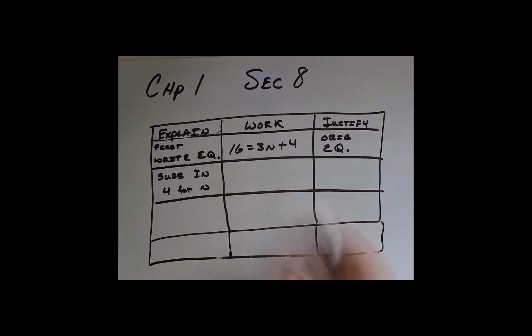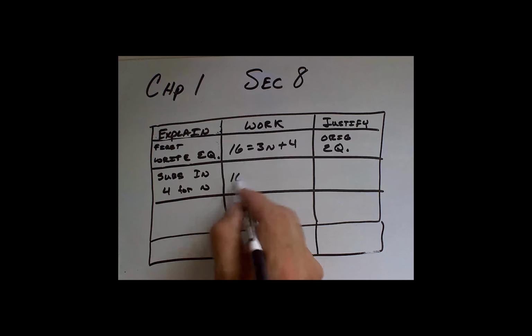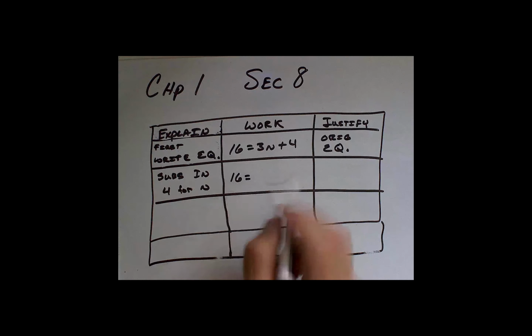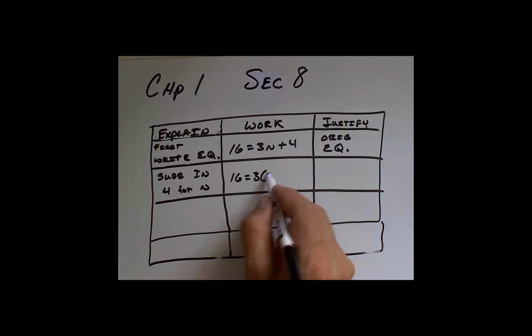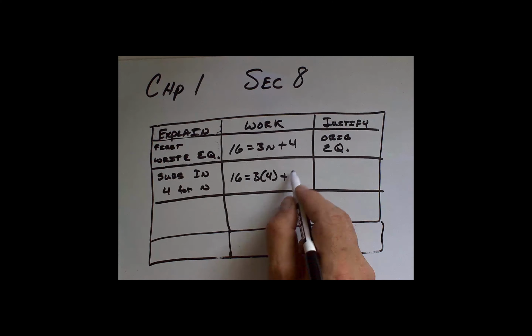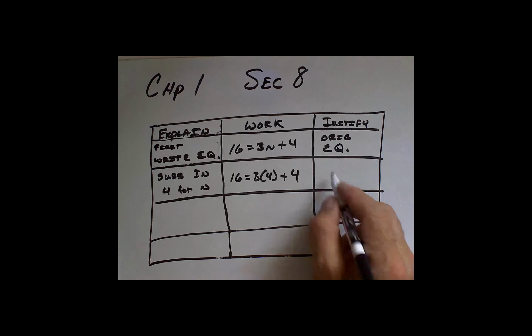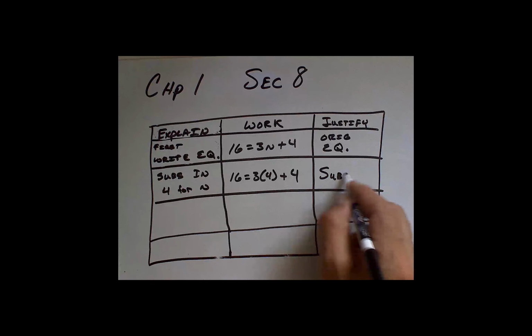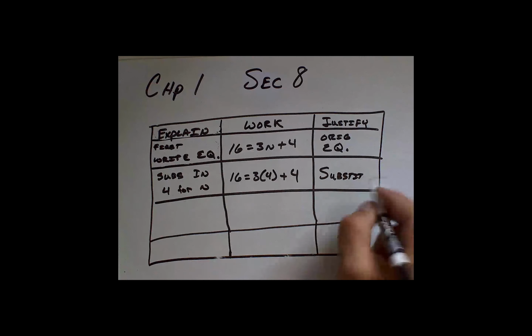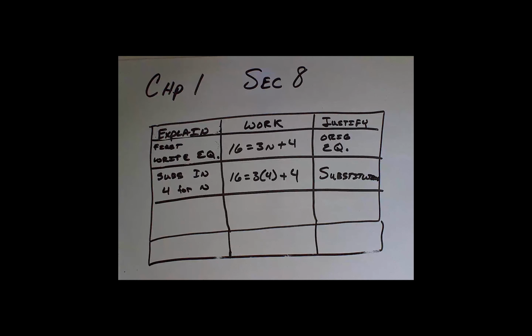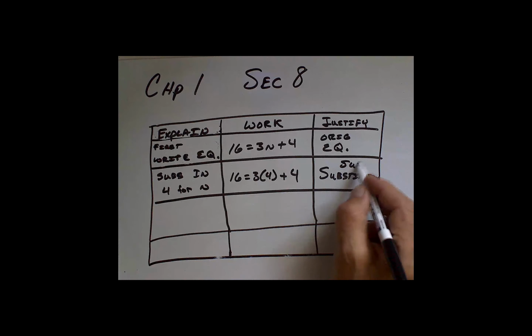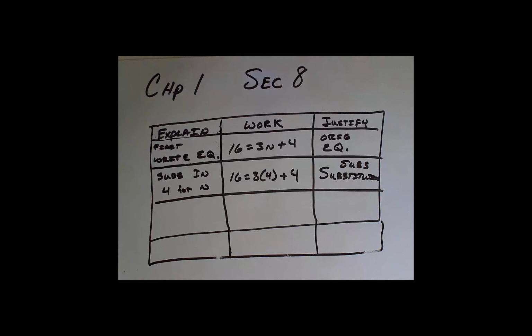When I substitute in 4 for n, this is my work: 16 equals 3 times 4 plus 4. This is the substitution. If you want to write it as just subs, that's fine.